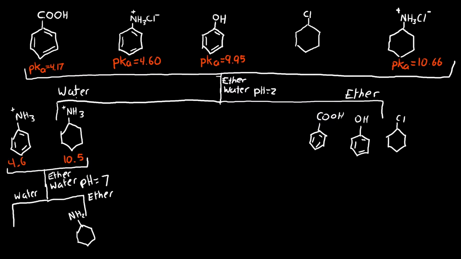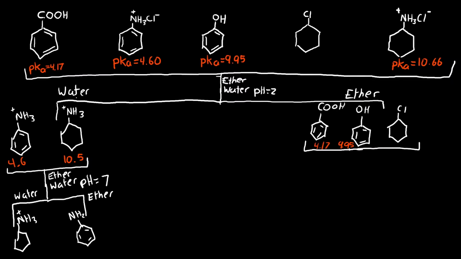Because it donated it, it's no longer polar. It has no charge, so it's going to fall into the ether. The other compound with the pKa of 10.5 has a higher pKa than the pH of the water, so it won't donate a hydrogen, leaving it in its current form, NH3 plus. And that's how we separate those two compounds on the left.